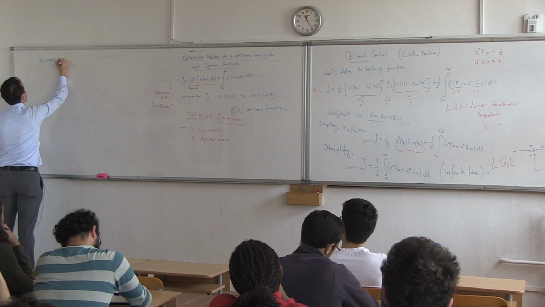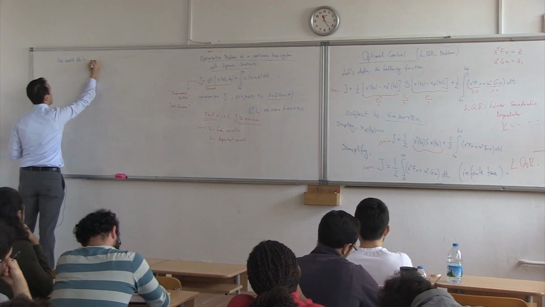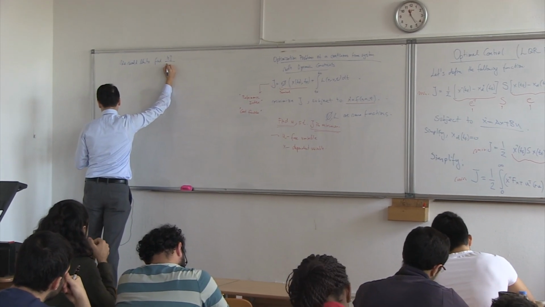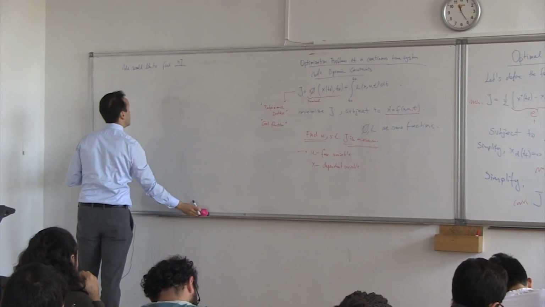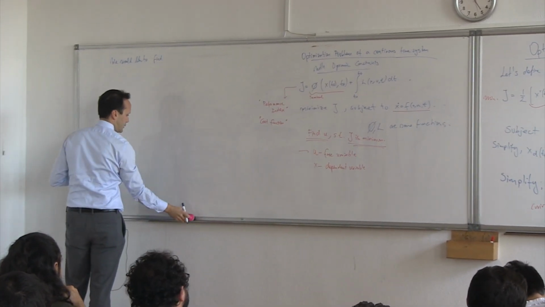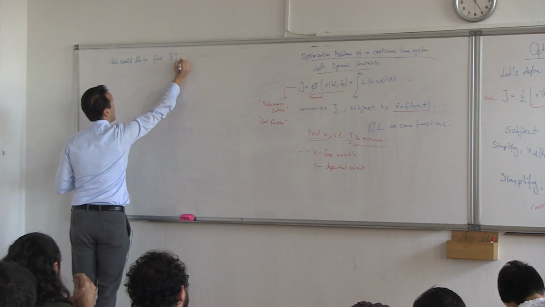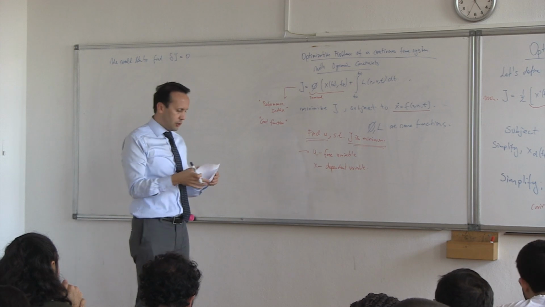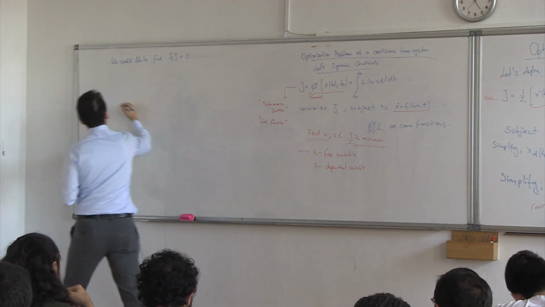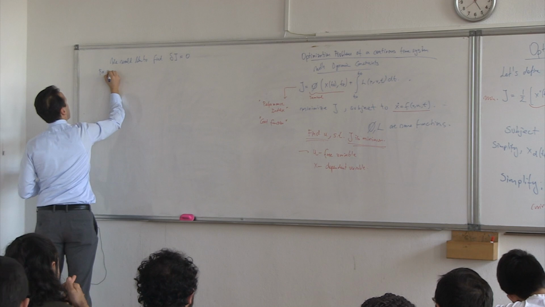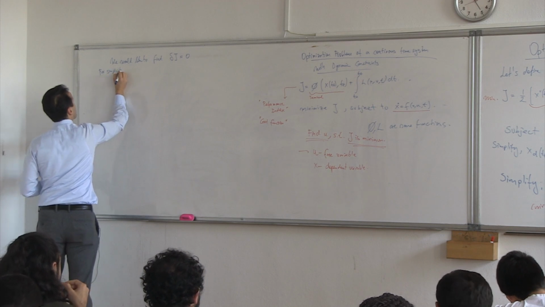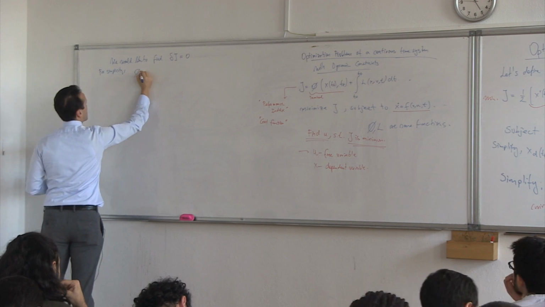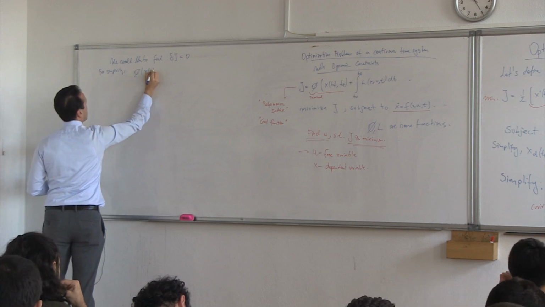All right, so we would like to find the variation of J and set it equal to 0. Basically, take the derivative of J, find the variation in J, set it equal to 0. For simplicity, phi is only a function of x(tf).